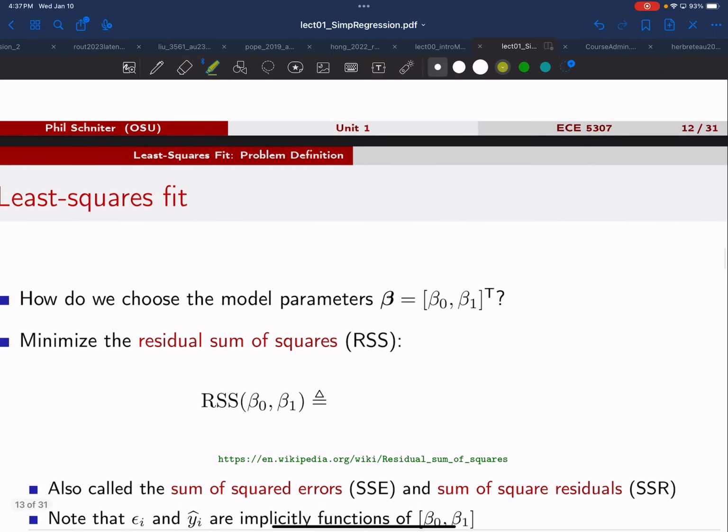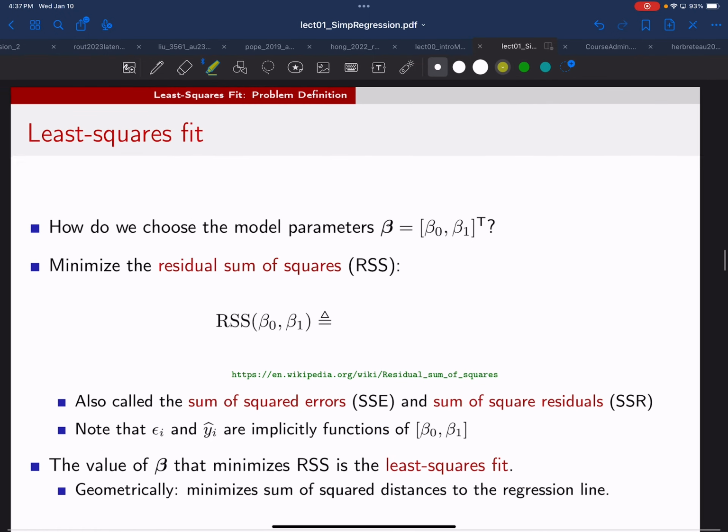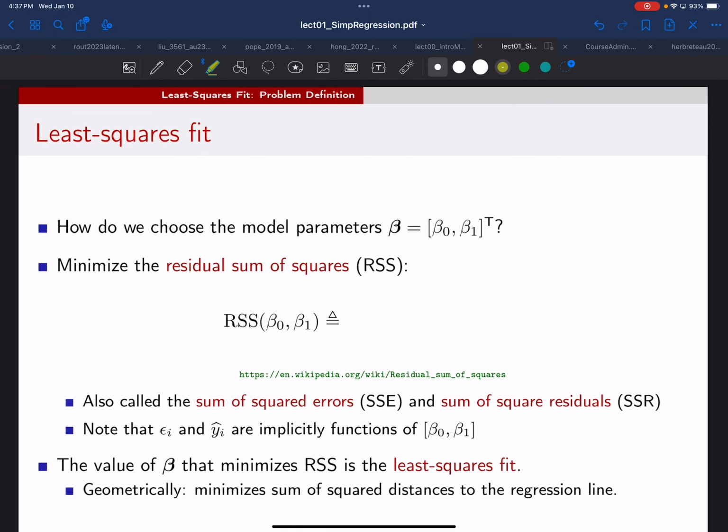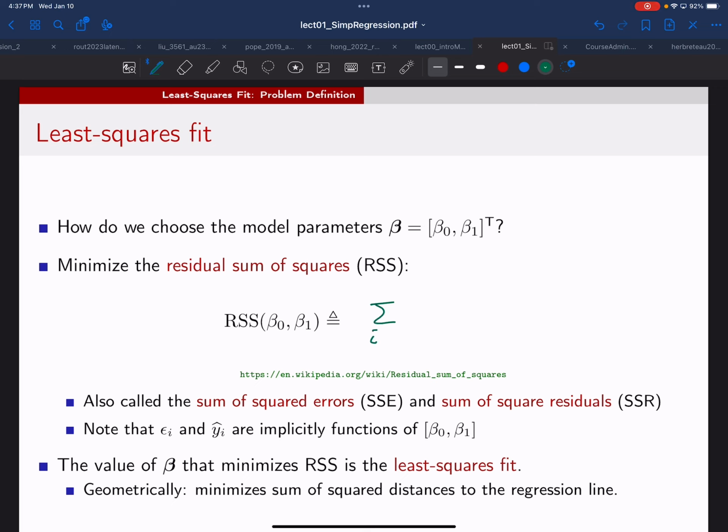Okay, so now that we have the errors, we can get specific in terms of how we want to design the parameters. What we're going to say is we want to choose those parameters, beta 0 and beta 1, the intercept and slope, so that the sum of squared residuals is as small as possible. So we write that like this. We sum over our data, i going from 1 to n, the residual i squared.